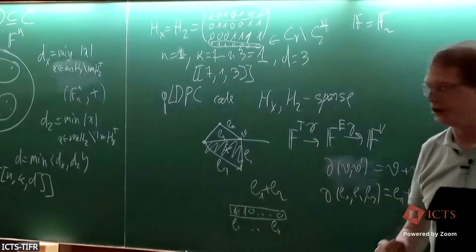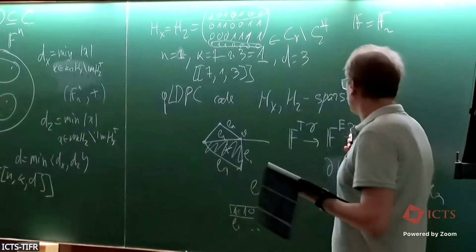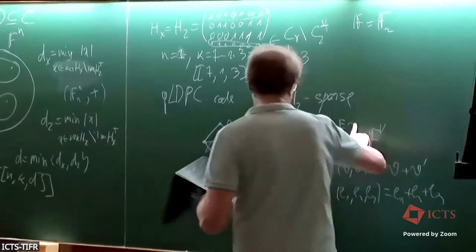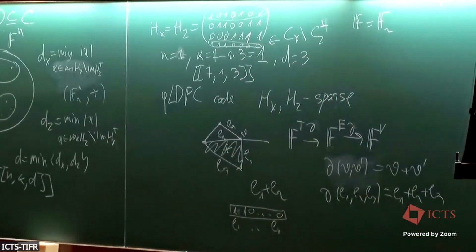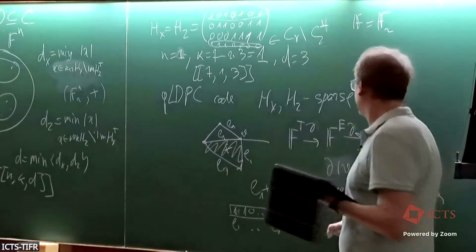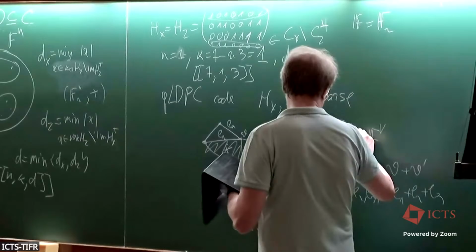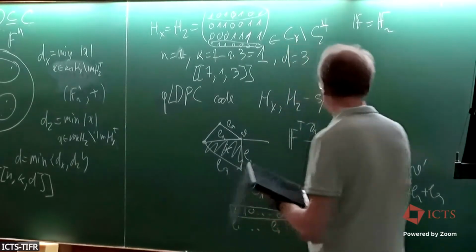Okay, so what's the kernel of this delta? This is delta, not gamma. Let me just call this delta 1. So what's the kernel of delta 1?